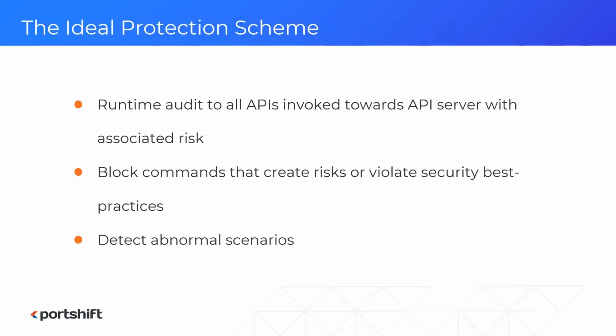And the ideal protection scheme is if we can, at runtime, audit all the APIs invoked toward the API server and actually let the user know this API call has a risk, and whether the risk is maybe high, maybe medium, or low. But let the user decide whether they want to actually mitigate this risk or allow it.